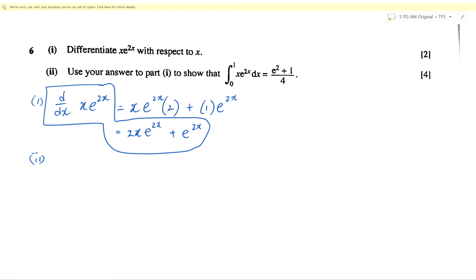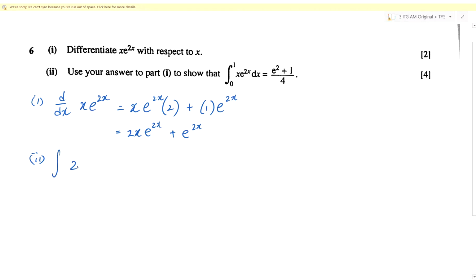Whatever was in the original function. Okay, so let me write down that first. That is my key to solving this problem. When I integrate 2x e to the power 2x plus e power 2x with respect to x, when I integrate the right hand side with respect to x, I will obtain x e power 2x plus c.